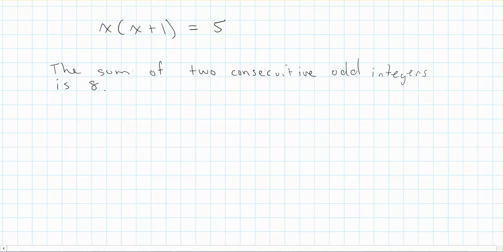Well, let's again look at some of the key words here. Sum, and we've got consecutive again, but notice that these are odd integers, and then we also have is. So let's go ahead and do variables again.